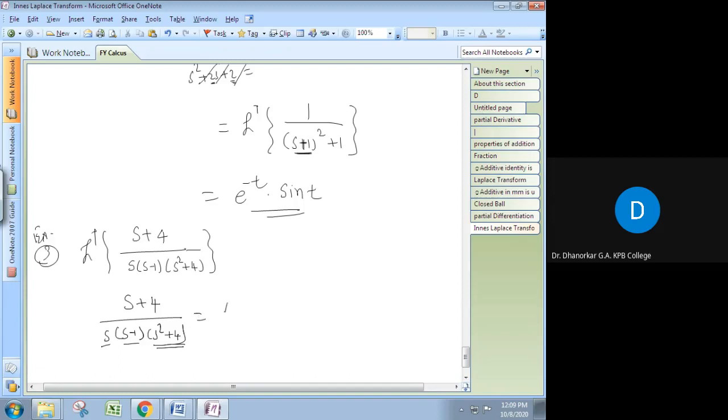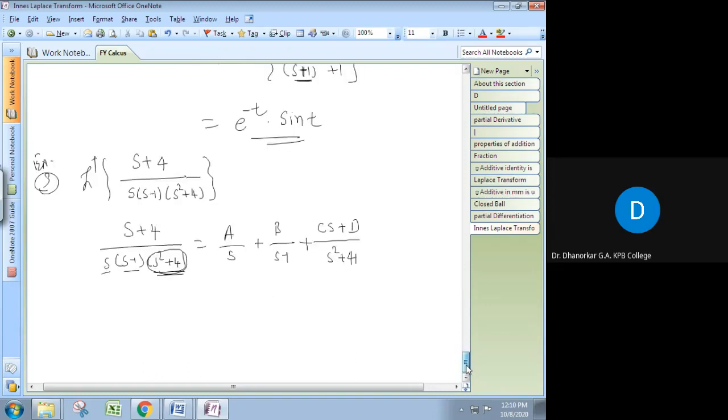Therefore I will write a divided by s, the first distinct factor, plus b divided by s minus 1, a distinct factor, plus, since we cannot write its factors, we have to look at the numerator: the degree of this term is 2, therefore the numerator degree must be less than 2, that is 1. Means I will write cs plus d divided by s square plus 4.